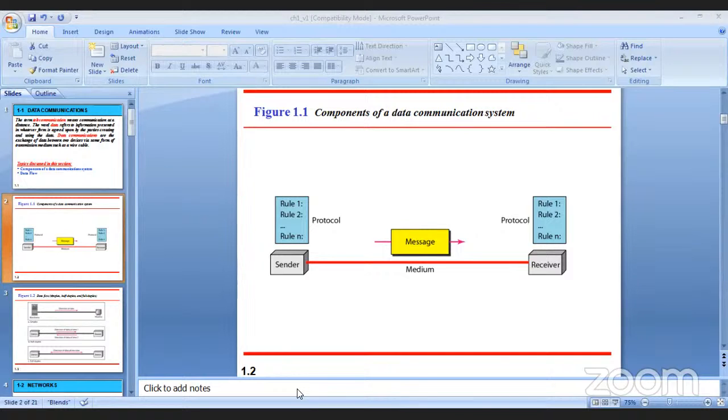Second is the receiver, who will receive it. See the definition I'm typing.